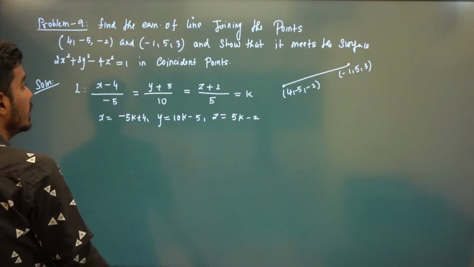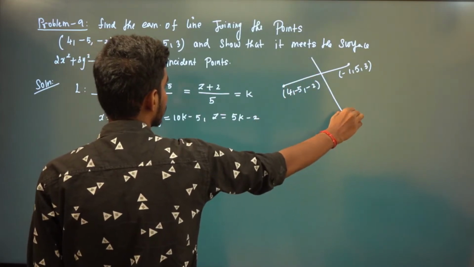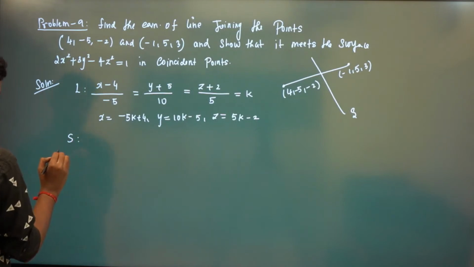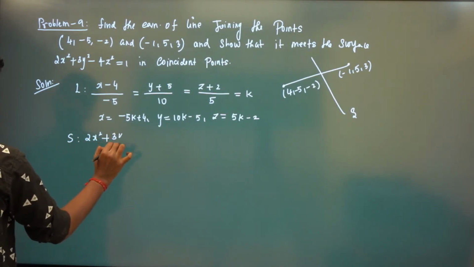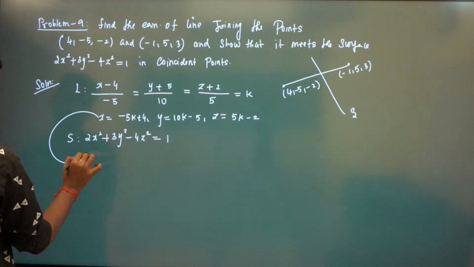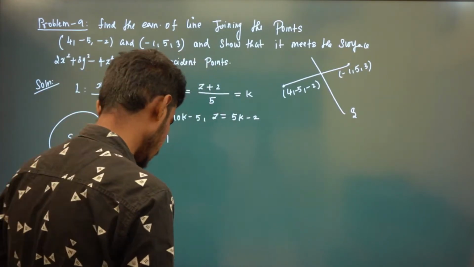Now we need to show that it meets the surface. So what is the surface? It is 2x square plus 3y square minus 4z square is equal to 1. Now substitute this point here. You will get a quadratic equation. Solve that.